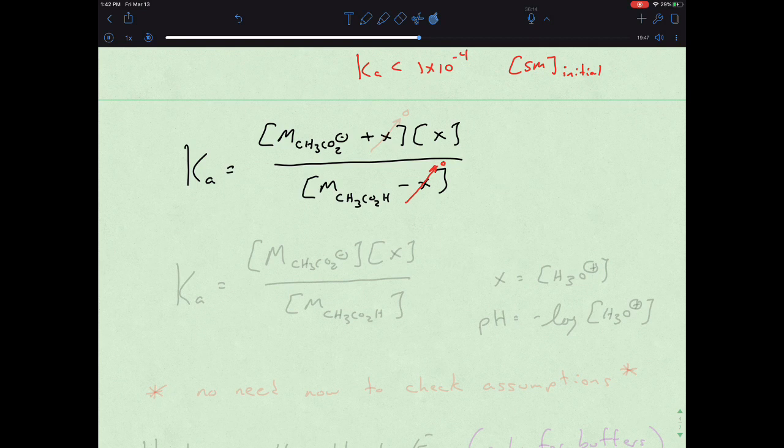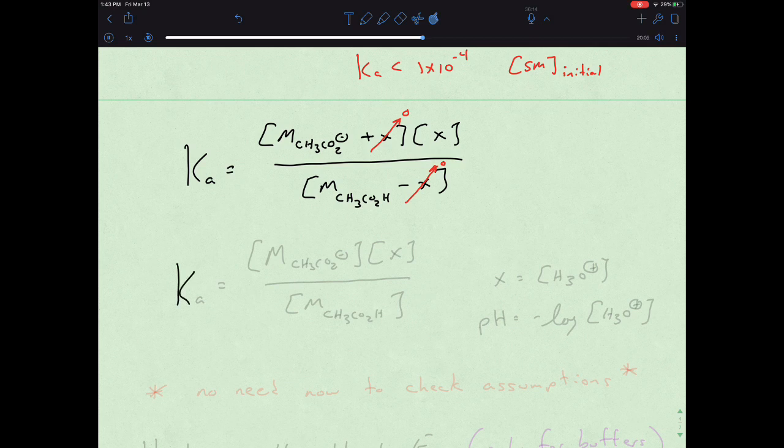But not only can I do it with that particular X as far as that initial concentration of the parent acetic acid, I can also do it with any other initial concentration I have, namely the concentration of the conjugate base acetate. So those two X's are actually going to drop out.